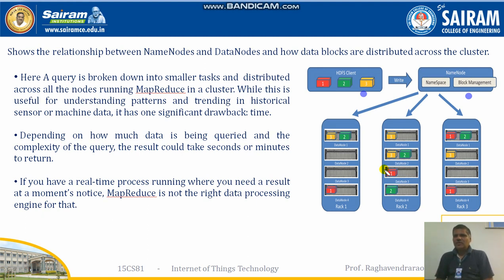All together, the namespace and everything get queried properly, and based on that it reduces the data and processes it. If you have a real-time process running where you need a result immediately, MapReduce is not the right data processing engine for that. It takes a little bit of time, but it gives the proper results.